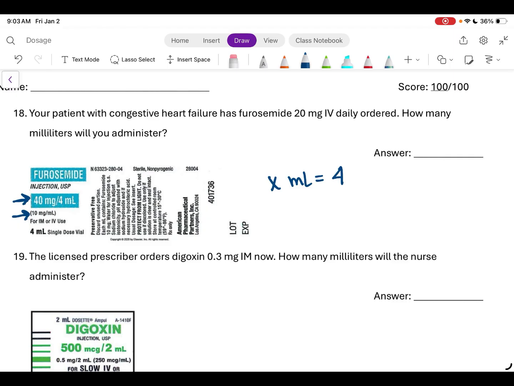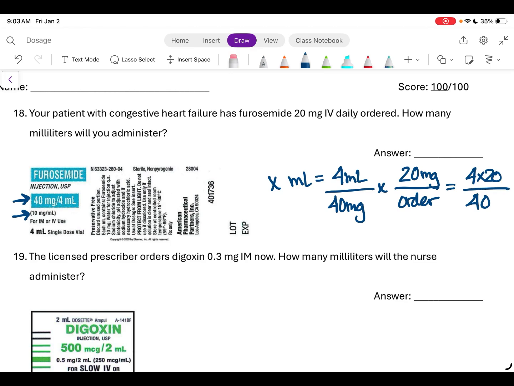Let's do the 4 milliliter over 40. 20 milligrams order. So then you'll have 4 times 20 divided by 40. You get 2.